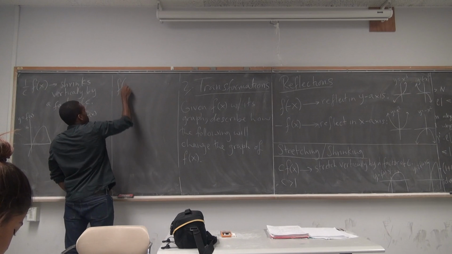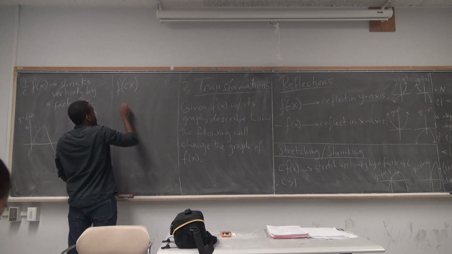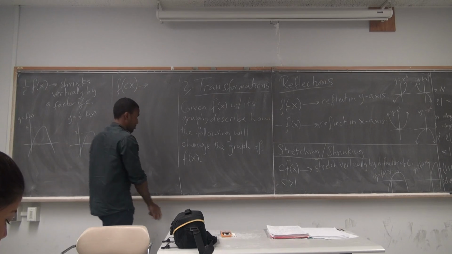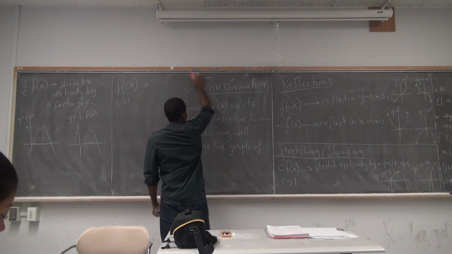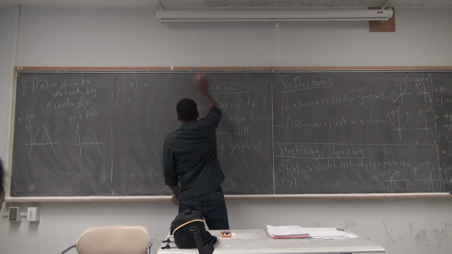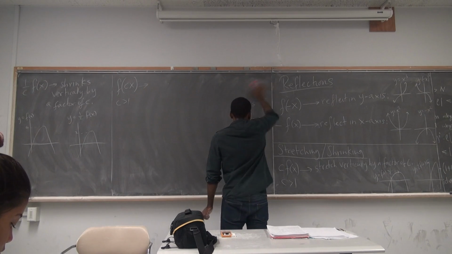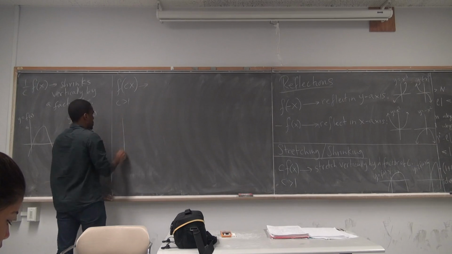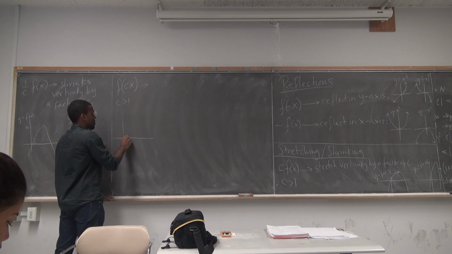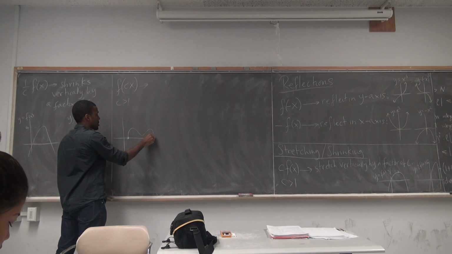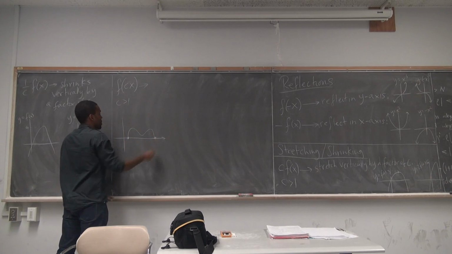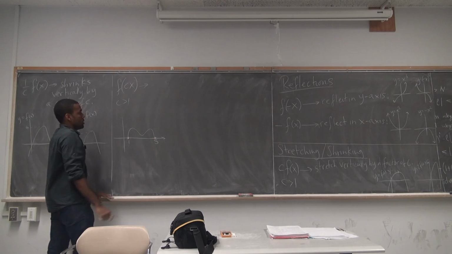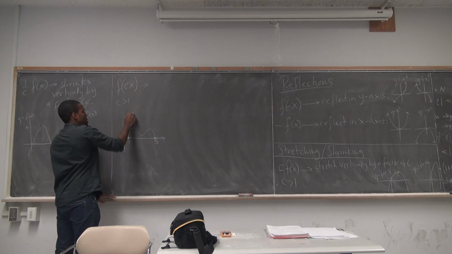But if I had f of cx, where c is greater than 1, what does that do? Graph. This was a 1 and a 5. This is y equals f of x.